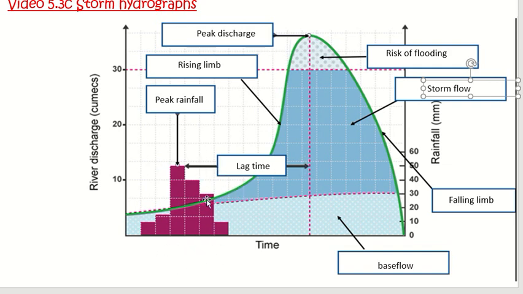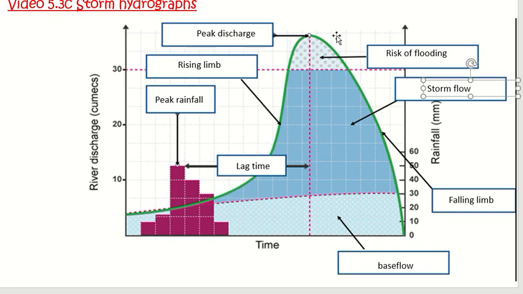The peak rainfall event is the bar graph. How the river responds to that rainfall event is the green line. The time difference between the peak rainfall and peak discharge is called the lag time. How quickly the river responds and increases its discharge is called the rising limb. This can be very steep or it can be more gentle.